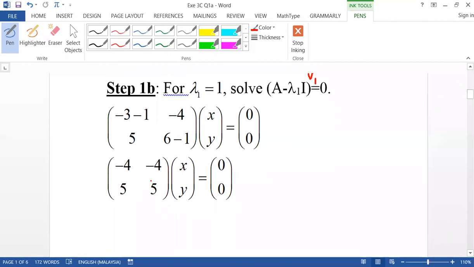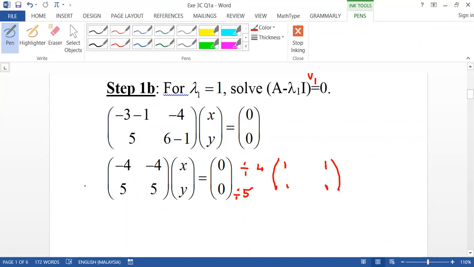From row 1 or row 2, you notice that both rows reduce to the same equation. If you divide row 1 by -4, you reduce to 1, 1. If you divide row 2 by 5, you get back 1, 1.